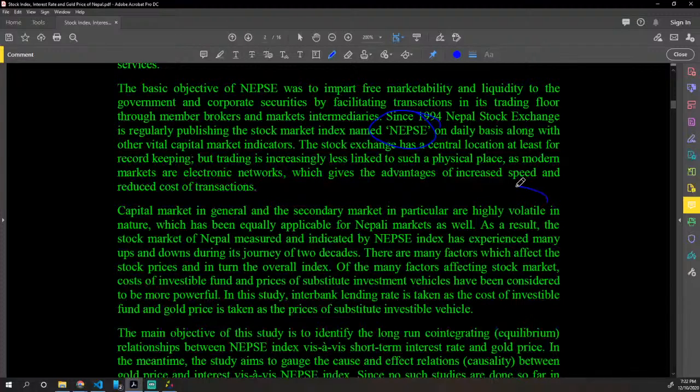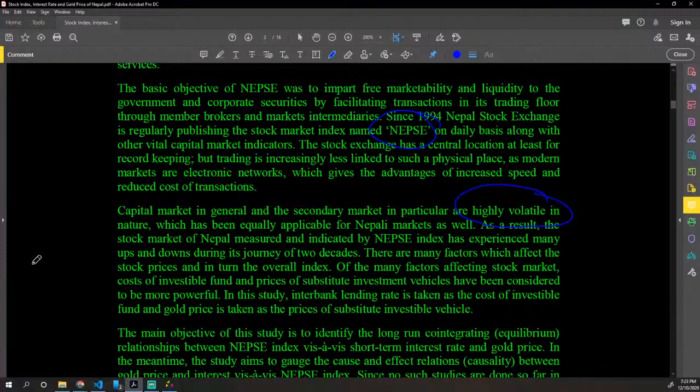Capital market in general is highly volatile in nature, which is equally applicable to the Nepali market as well. As a result, the stock market of Nepal, measured and indicated by the NEPSE index, has experienced many ups and downs during its journey of 2 decades. There are many factors which affect the stock prices and in turn the overall index.